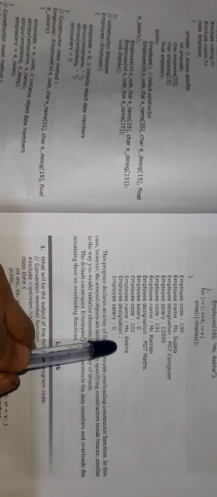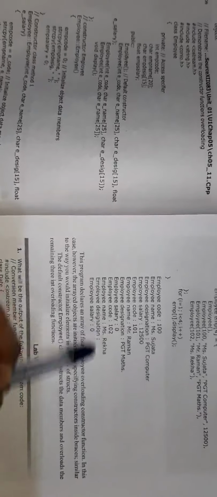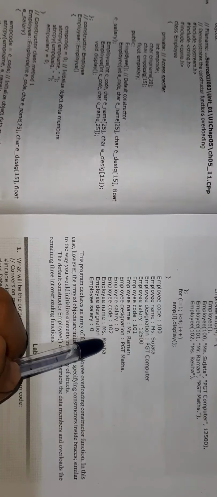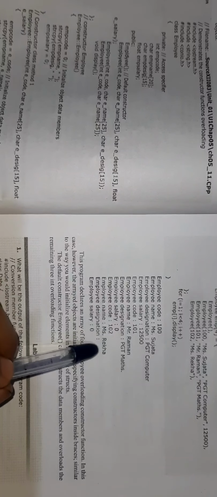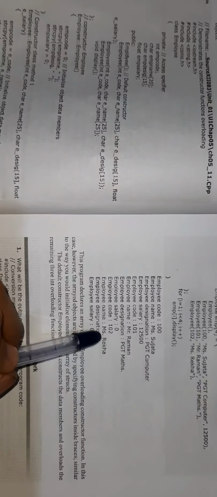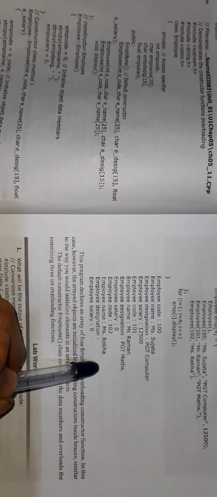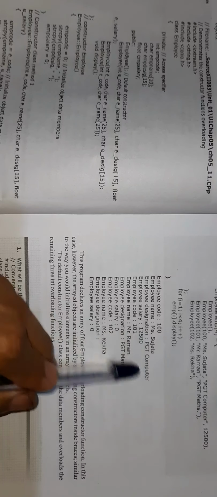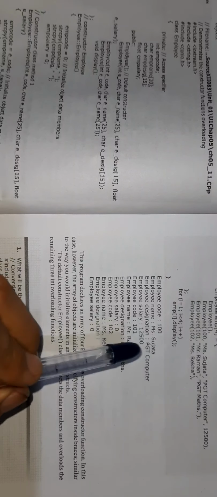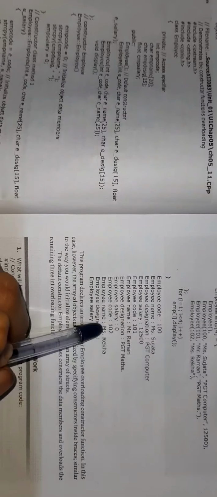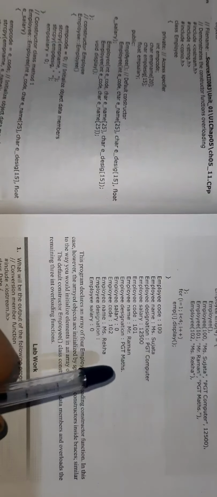The employee designation is null, so no random or error string value gets printed out. Miss Rekha may not be a PGD Maths teacher, she may not be a PGD computer teacher. Since that value was not passed, the constructor ensures that the default value, that is the null value, gets displayed.